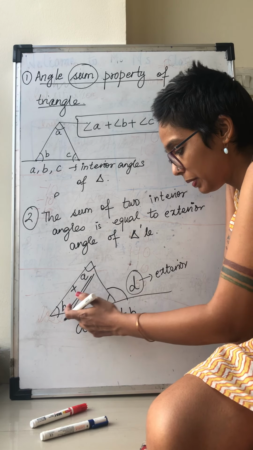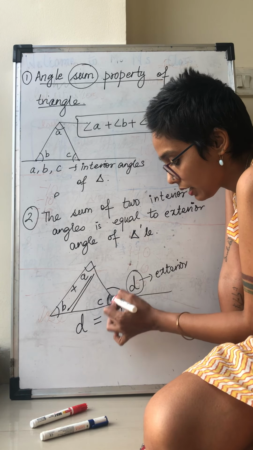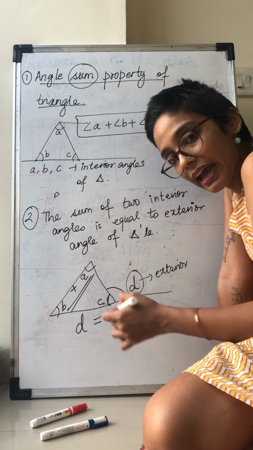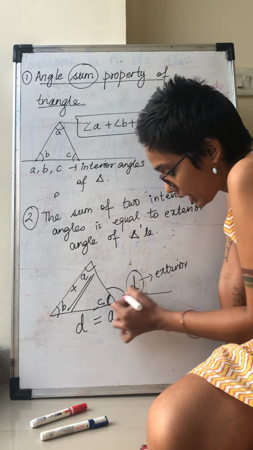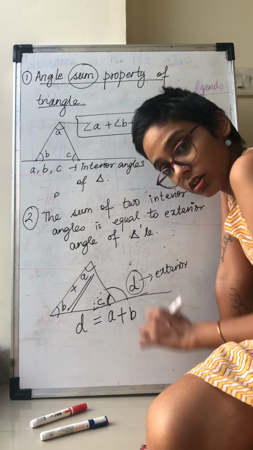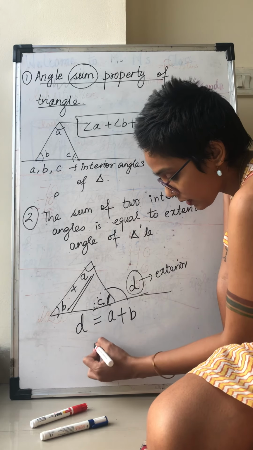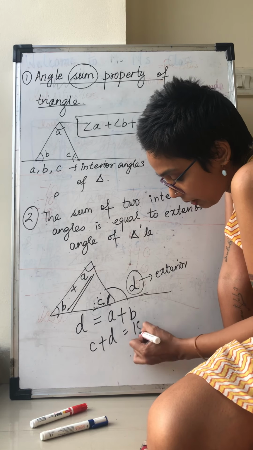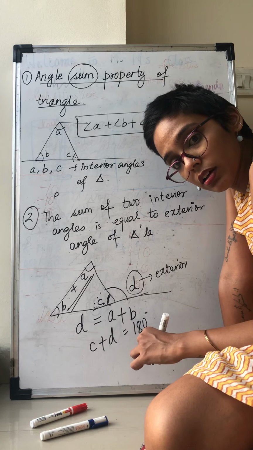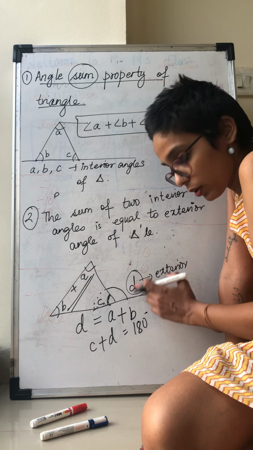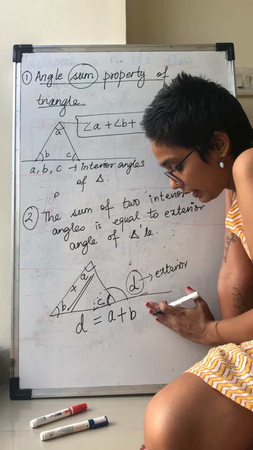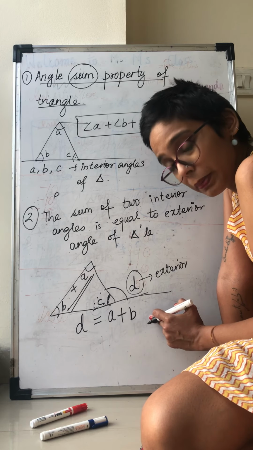It is because the D angle and the C angle are supplementary angles. Supplementary means on a straight line they are making the half semicircle, which means if I say C plus D, it will make a 180 degree angle. So that's why this and this cannot be equal to D.